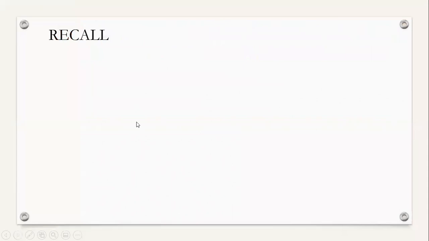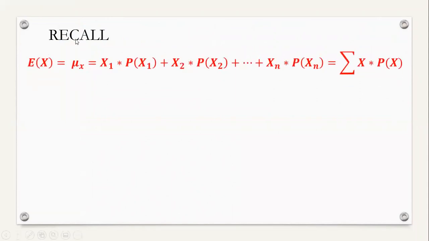First, there's a need for us to recall the different formulas that we have discussed last time. Remember that if we have this symbol, E of X, this is read as the expected mean, which is also symbolized by mu sub X. Mu is the population mean, and that is equal to x1 times its probability, plus x2 times its corresponding probability, and so on up to the last value of x and the product of that to its corresponding probability.